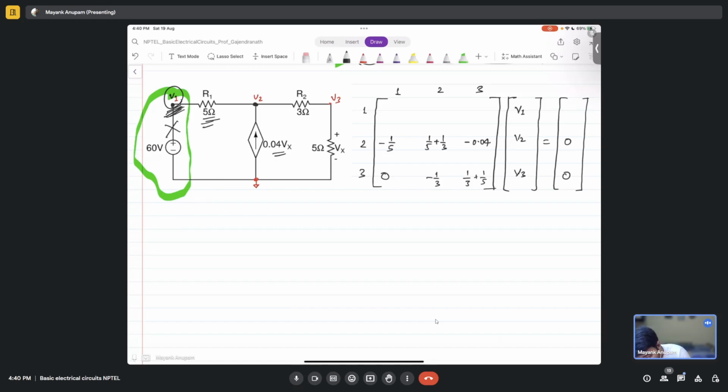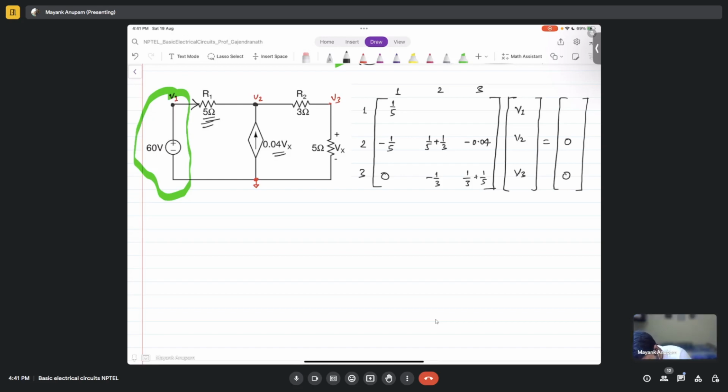You don't worry about this current at all. So you only worry about this current. What will this be? It will be 1 over 5 at V1, right? And what else?